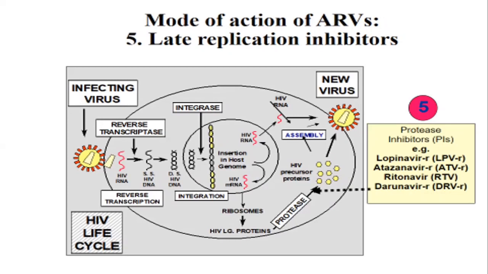So the final group that we're going to look at is the protease inhibitors, or PIs. In this class, we have examples such as lopinavir/ritonavir and atazanavir/ritonavir. We also have ritonavir as one of the most common drugs.